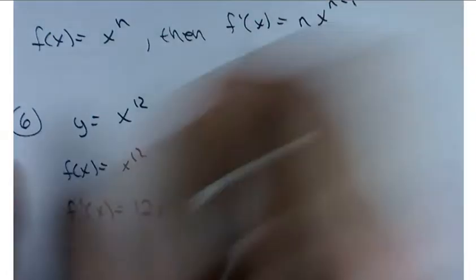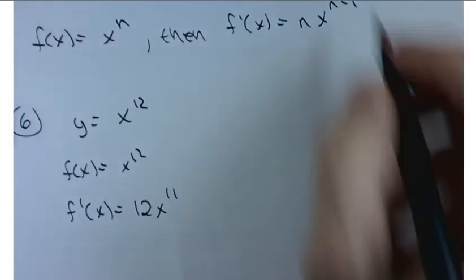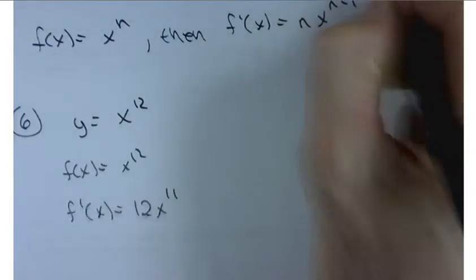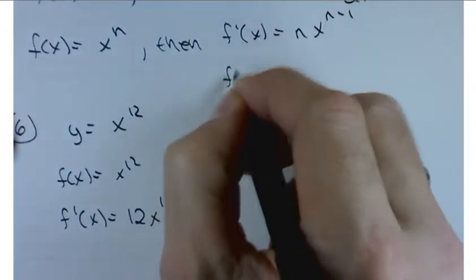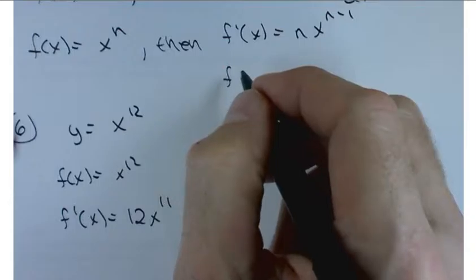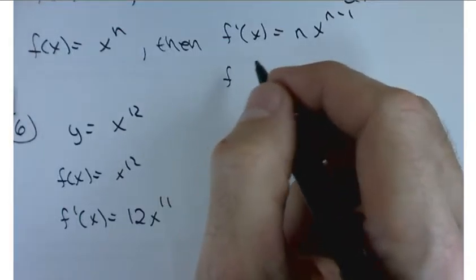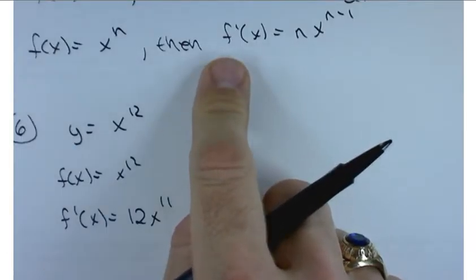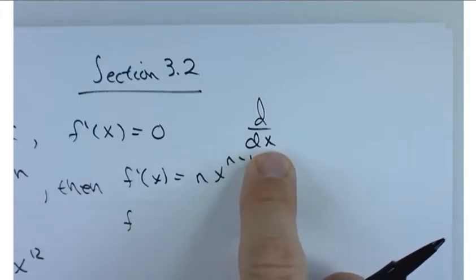Another one that I should mention along with these two, and actually you're going to get a lot of these, is this. If you're going to differentiate a function that's being multiplied by a constant, so here's some new notation for you.